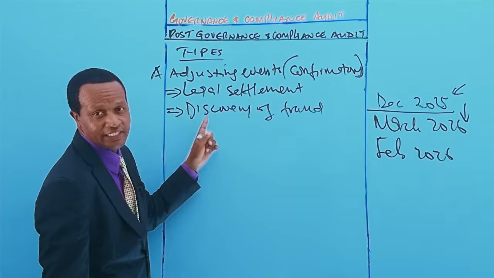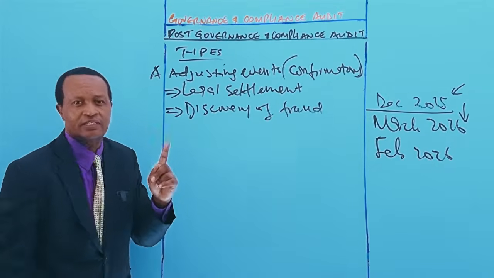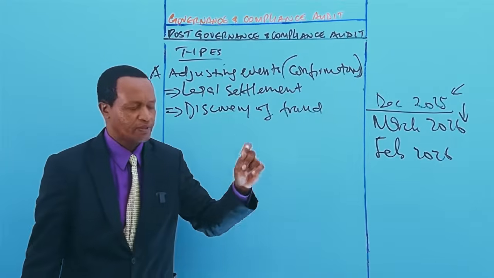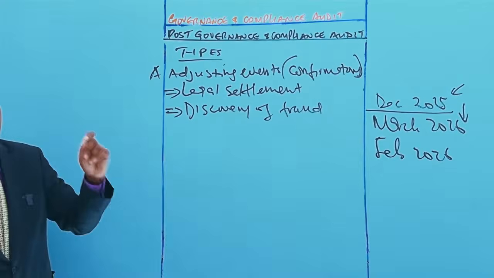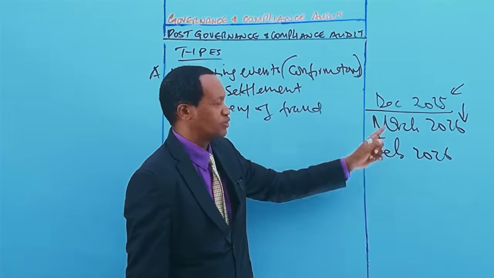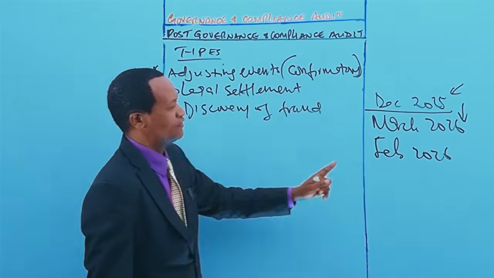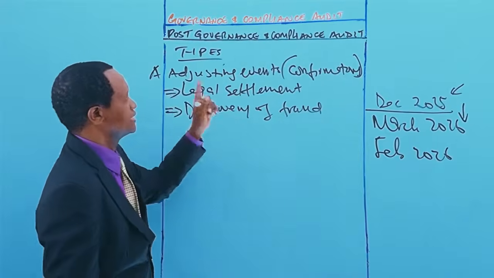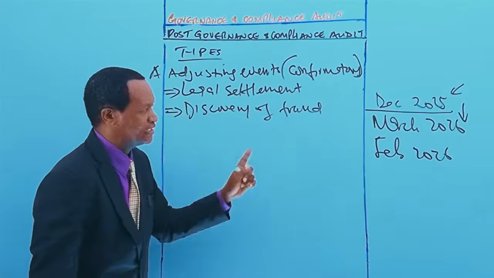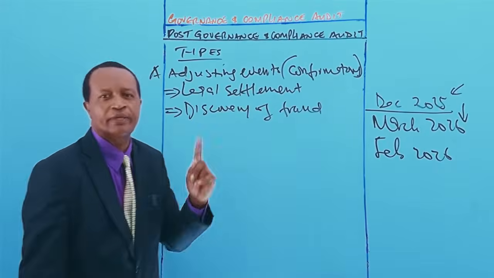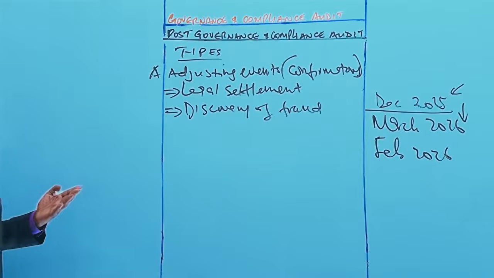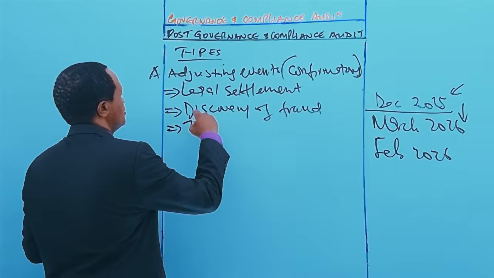That is an adjusting event. That discovery proves that the internal control framework was not effective during the period under review. The period under review is up to December 2025, so the fraud is discovered in February 2026. This is a subsequent event. It happened after the end of the audit period. You understand?